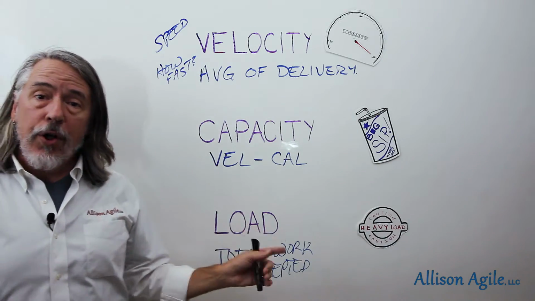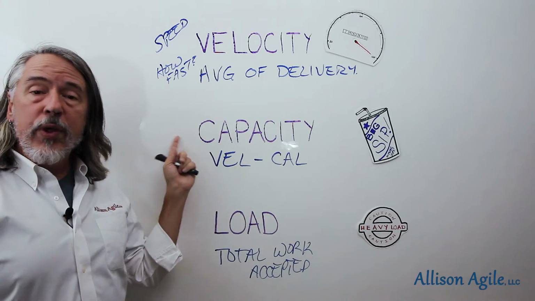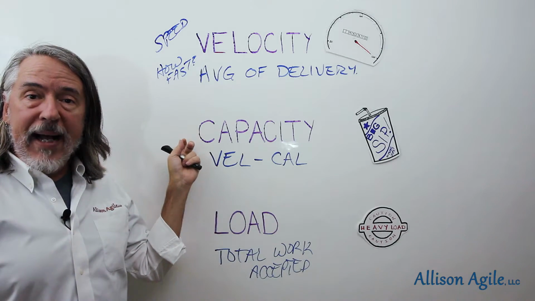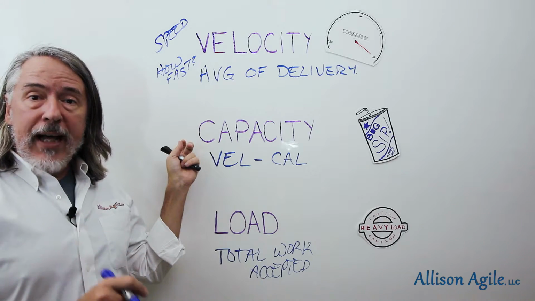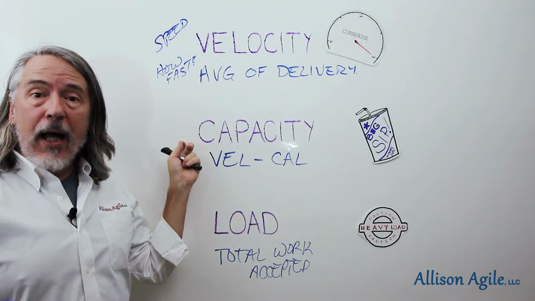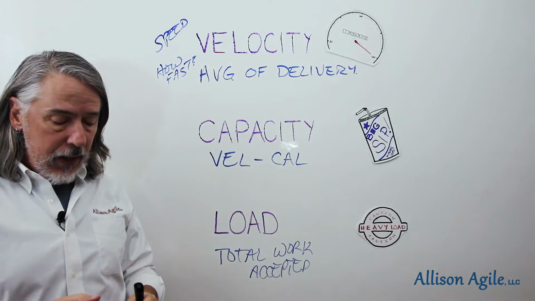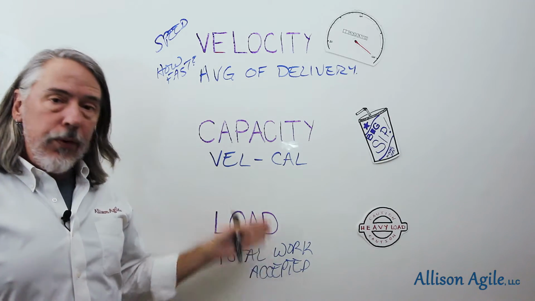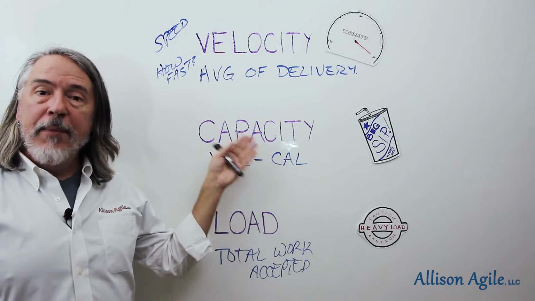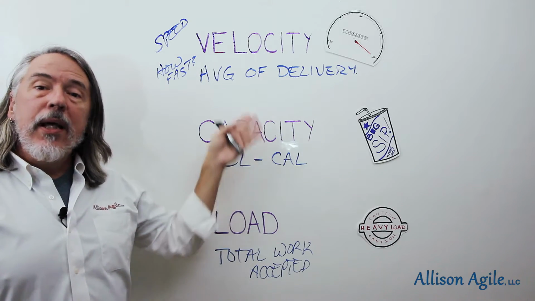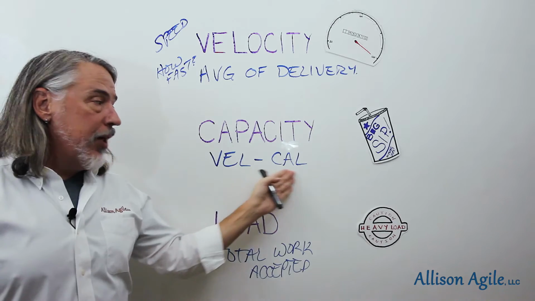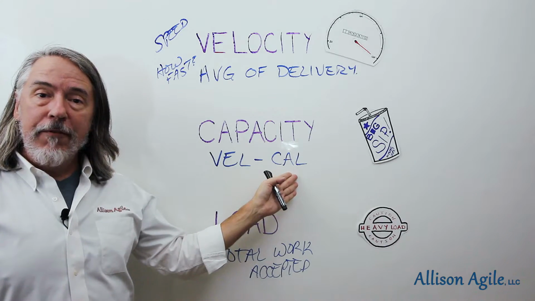And your load should always be something reasonably short of your capacity. Remember, in our last video, we talked about the lie of 100%, the lie of running your teams to 100% capacity. So don't load your teams to their capacity, and make sure that their capacity takes their velocity and subtracts their calendar availability from it.